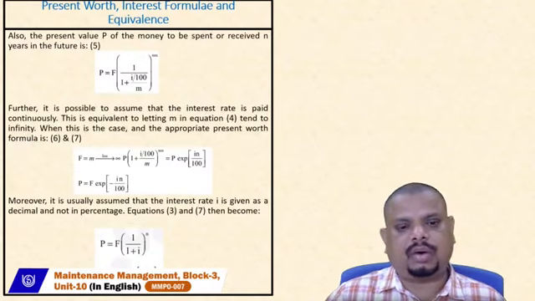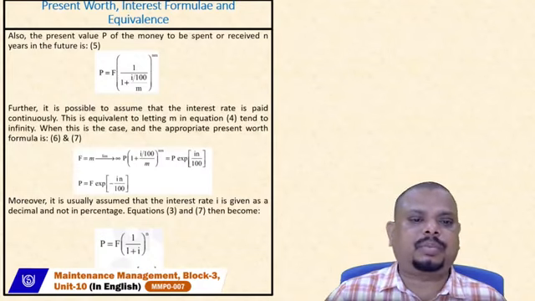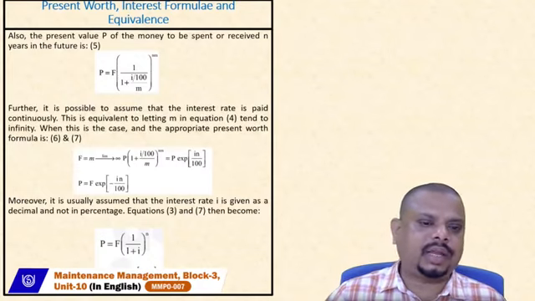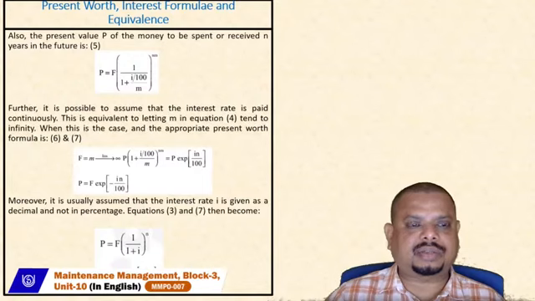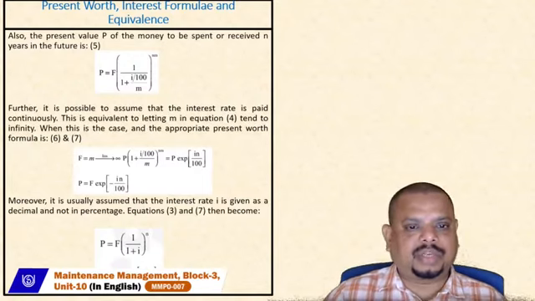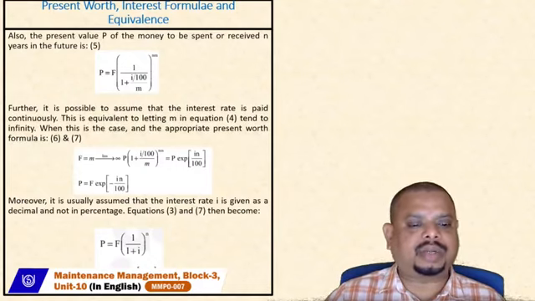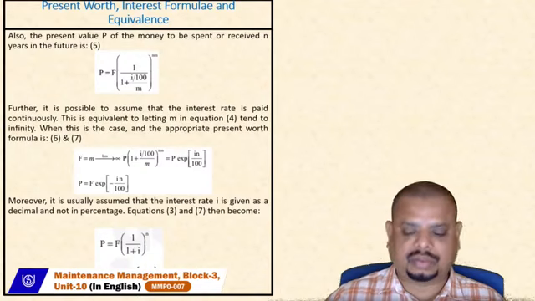Whenever you think about implementing replacement policies for highly expensive machines or equipment, in those cases you have to use these mathematical expressions to calculate the principal amount with the help of present worth, rate of interest and number of years.